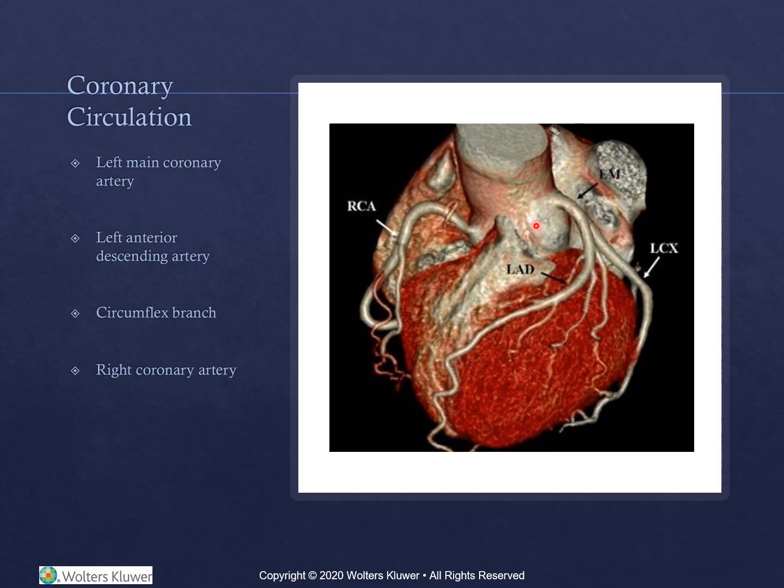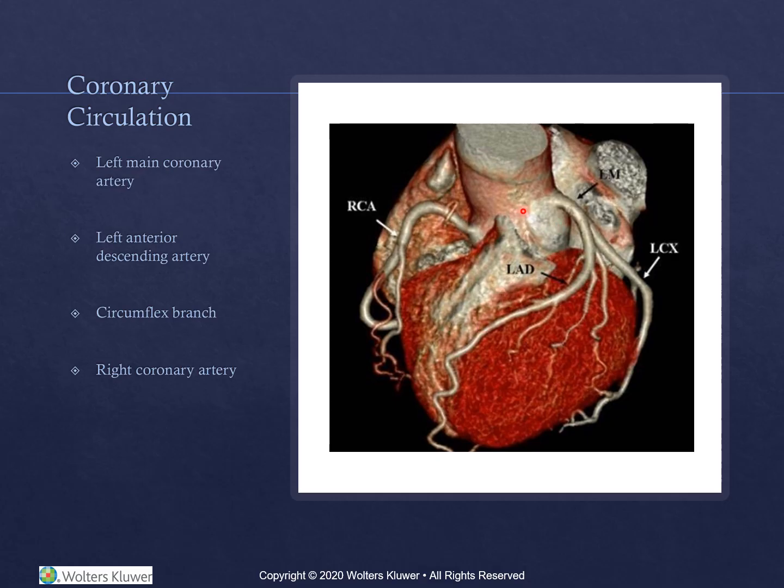So blood is ejected out of the left ventricle into the aorta, and the coronary arteries that supply the blood to the heart muscle branch directly off of the aorta and quickly supply blood to that heart muscle. This is important because the continued and sufficient oxygenation of the heart muscle is essential to maintain its functioning.